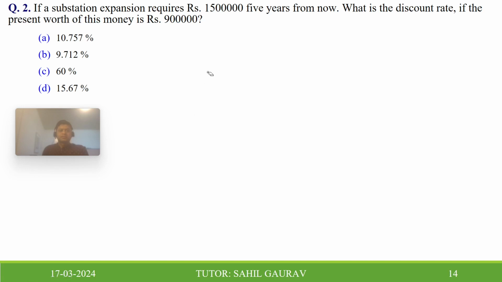So here you have to find d. The present worth of money is given as 9 lakh, t is given as 5, that is the number of years, and future worth is given as rupees 15 lakh.